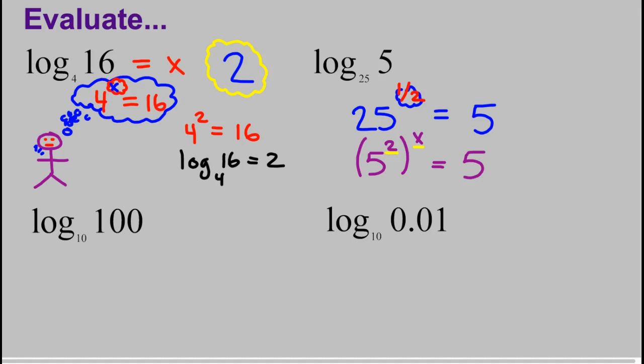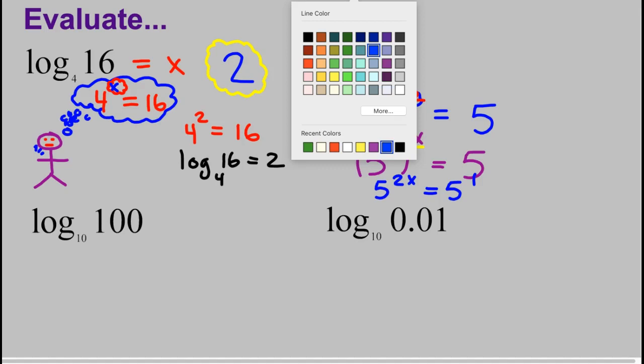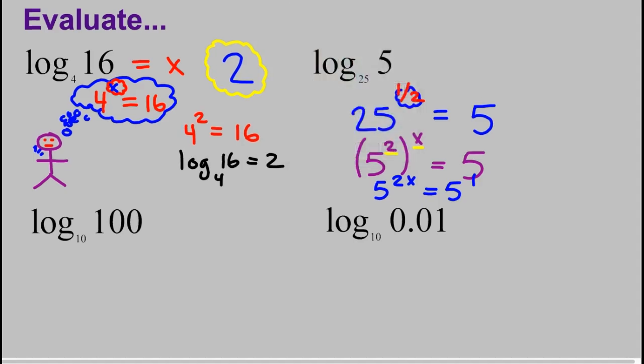Multiply them. So now what I'm talking about having here is 5 to the 2x is equal to 5 to the 1. Now this equation is going to be true when, because look, it's 5 to the 2x equals 5 to the 1, that's going to be true when the 2x is equal to the 1. So now you could set the exponents equal.